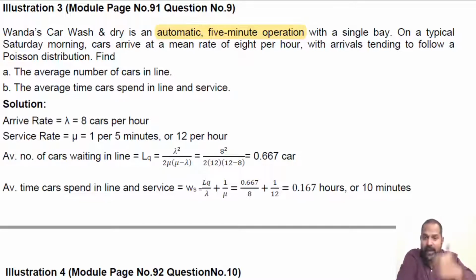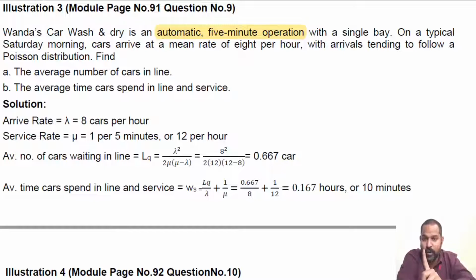This is not an M/M/C infinity model, because in an M/M/C infinity model, arrival is random and service is random. Here service is not random, service is deterministic, service is fixed. They didn't say it takes an average of 5 minutes.